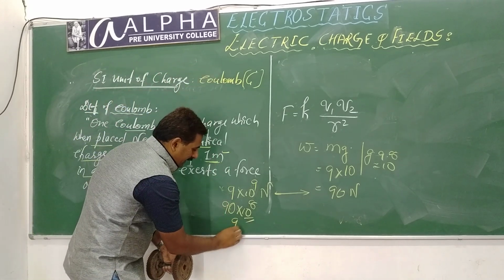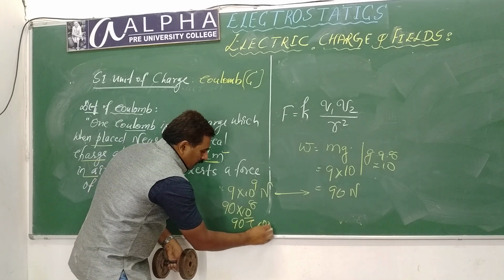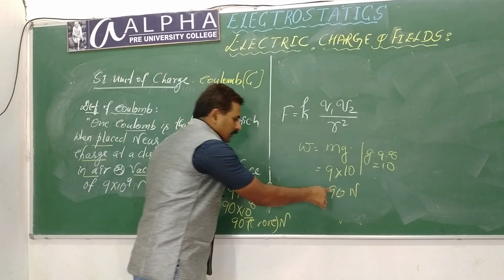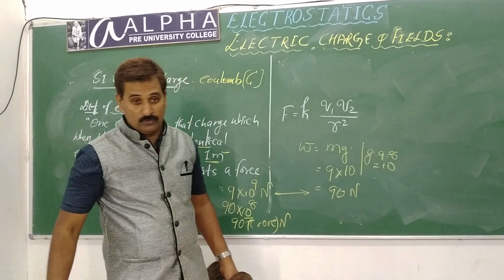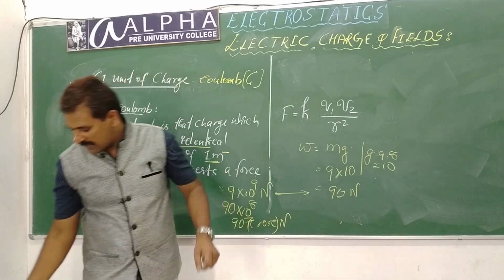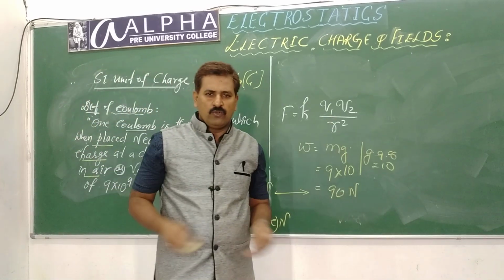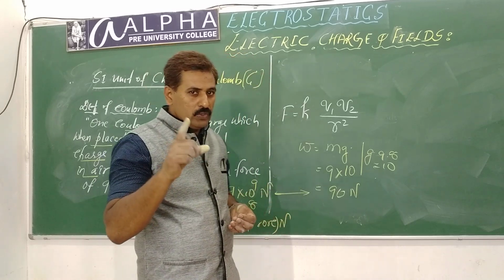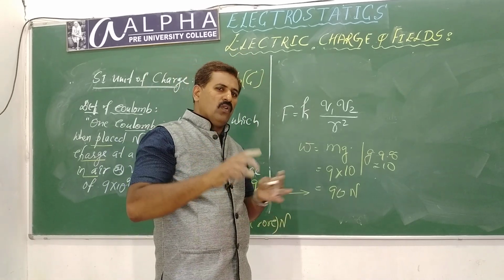Therefore, this is 90 crore newton. This is 90 newton. This is 90 crore newton. So the force between these two 1 coulomb charges must be huge, very huge. So 1 coulomb must be a large value.